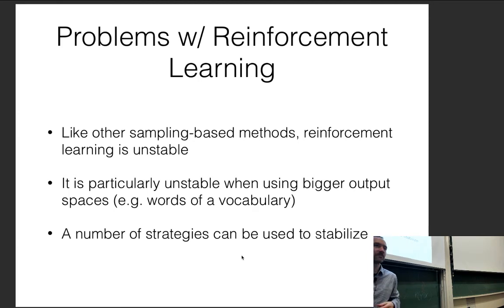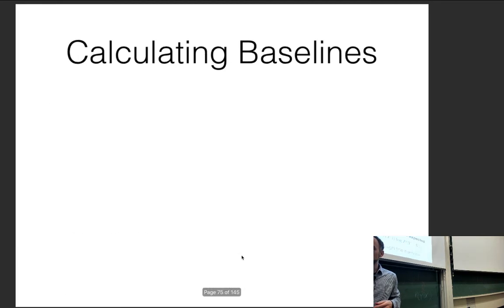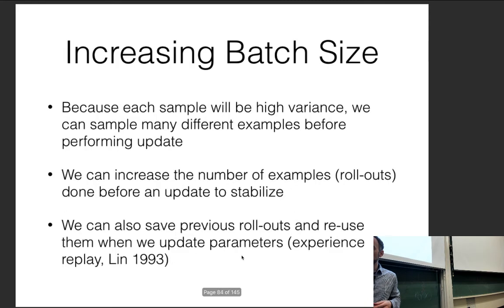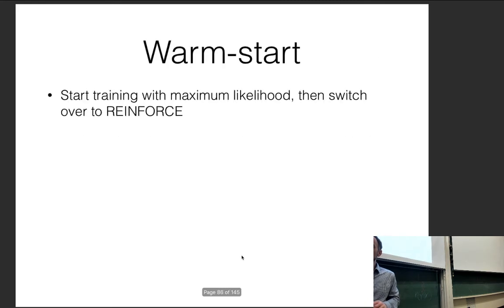Okay. So another thing is warm start. If you have a method that you can train with maximum likelihood, like machine translation or parsing, and the only reason you want to use RL is to optimize a sequence-level evaluation metric like BLEU or F1 score, you already know the true answer.